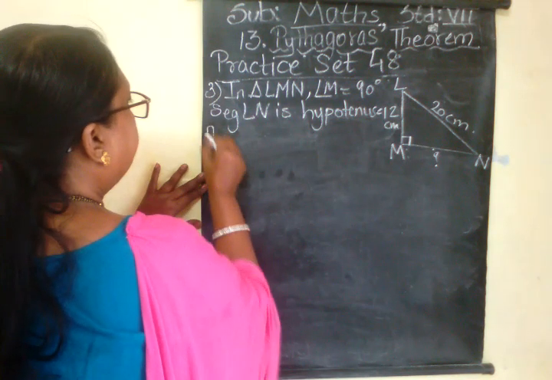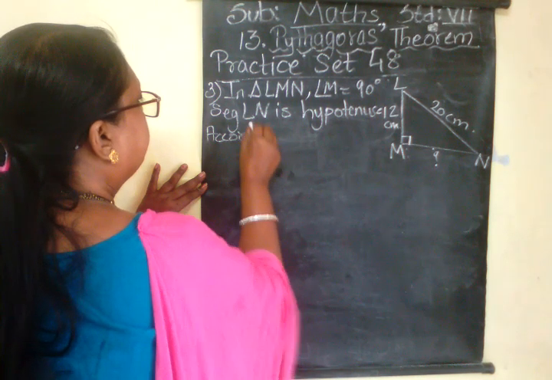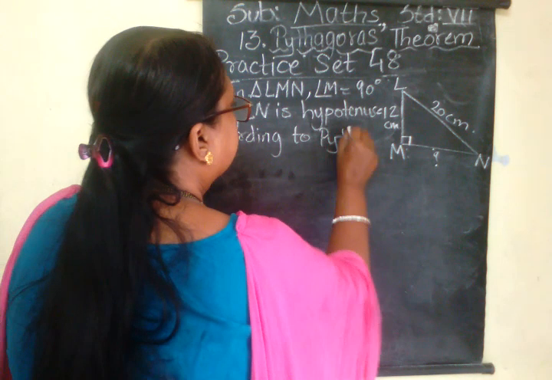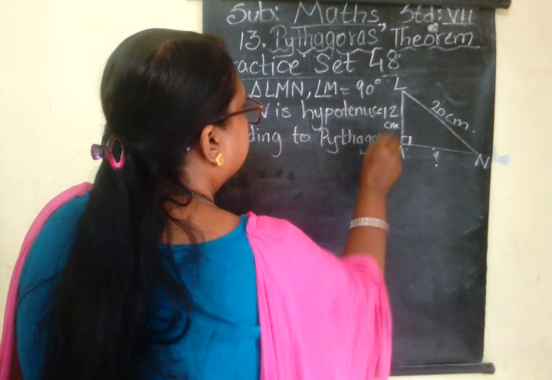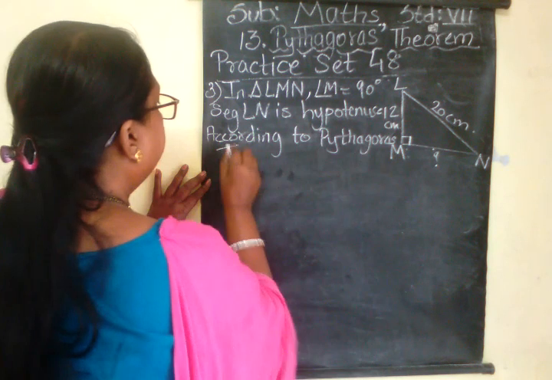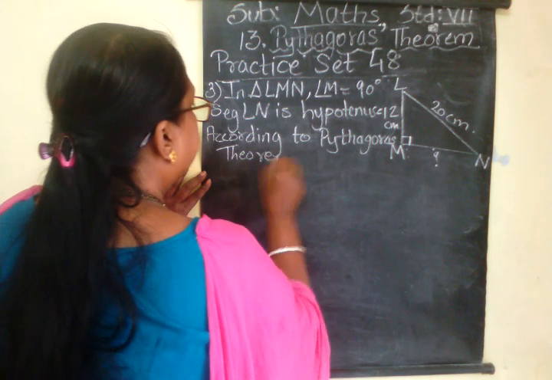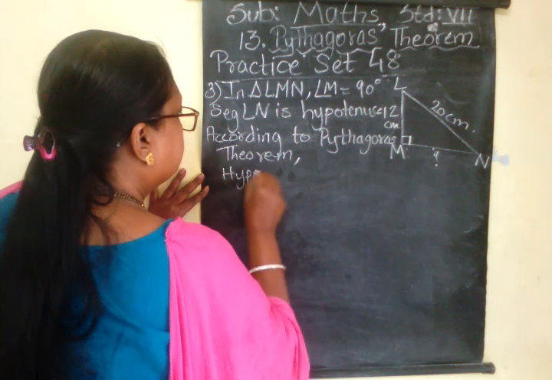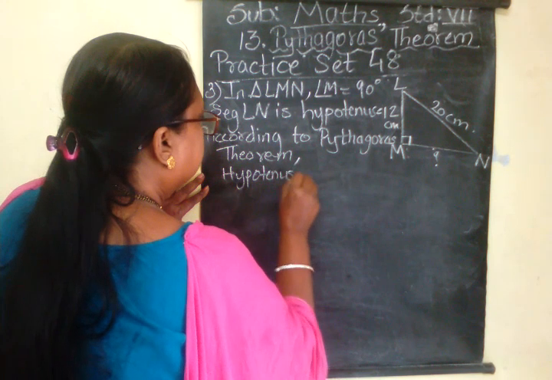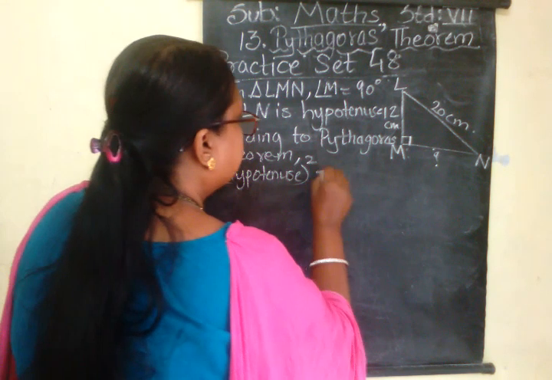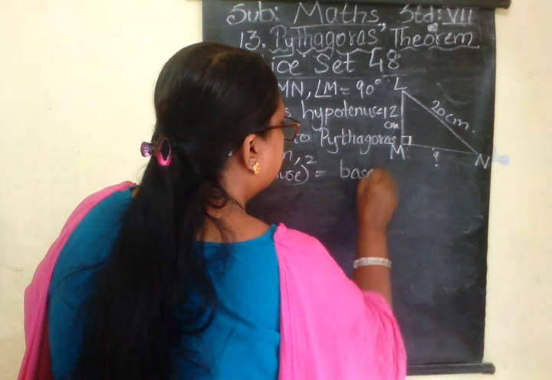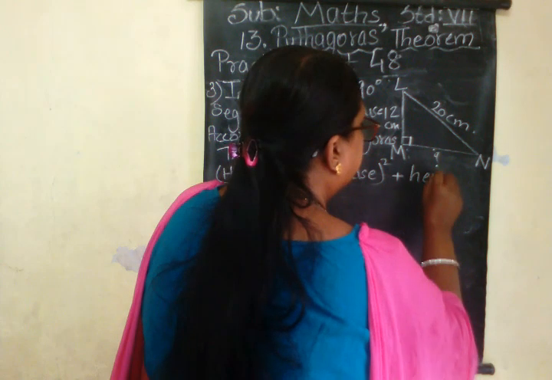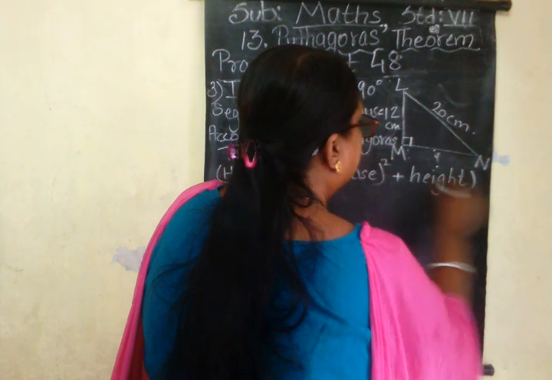Now, according to Pythagoras theorem, it states hypotenuse square is equal to base square plus height square.